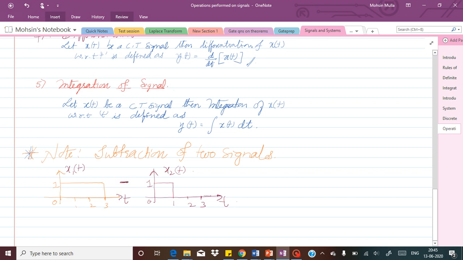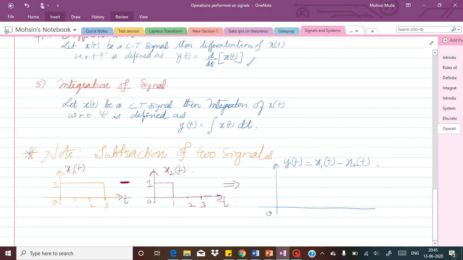Now I am going to obtain the subtraction of the two signals. To obtain the subtraction, we do the same as in the case of addition. I'll take the new signal y of t. Now this y of t is x1 of t minus x2 of t. What do I need to do here? I need to subtract the value of x2 of t from x1 of t instant by instant.